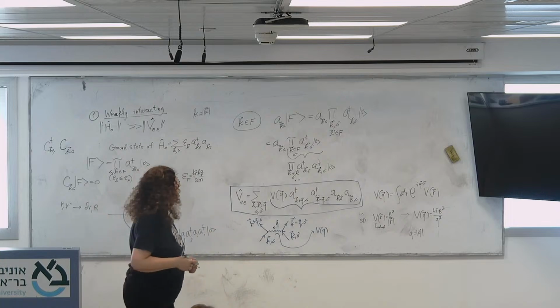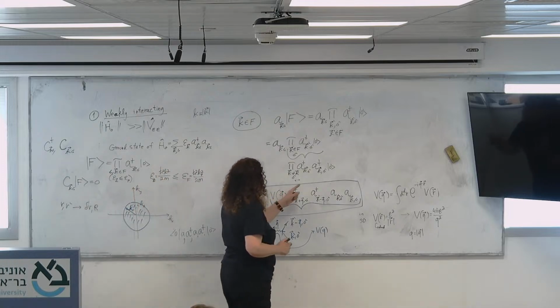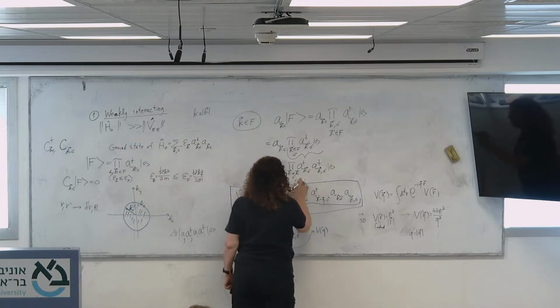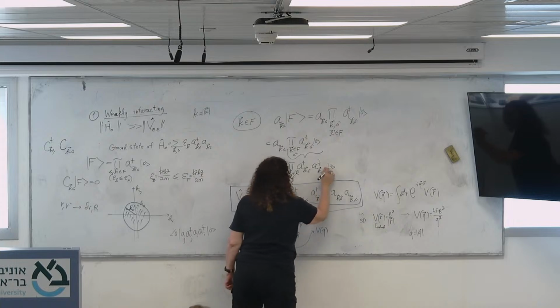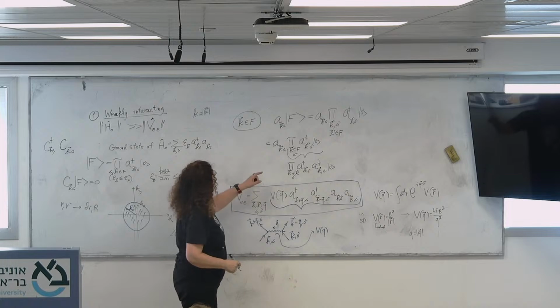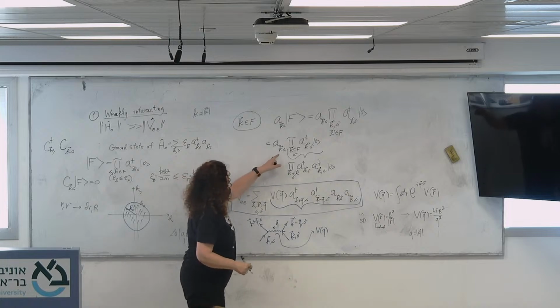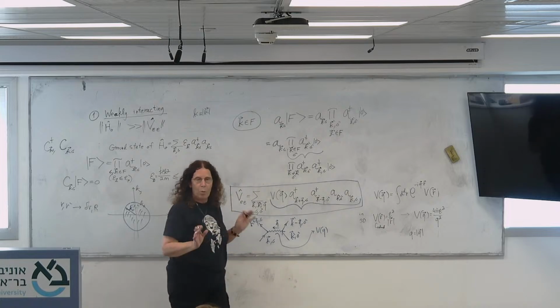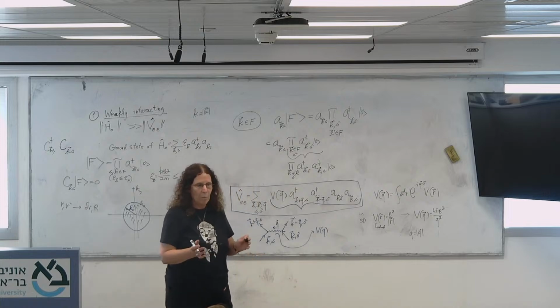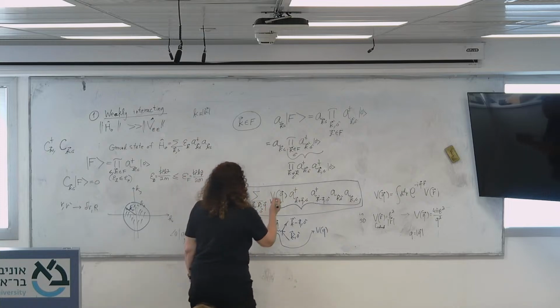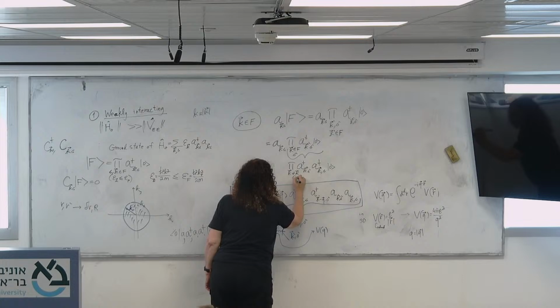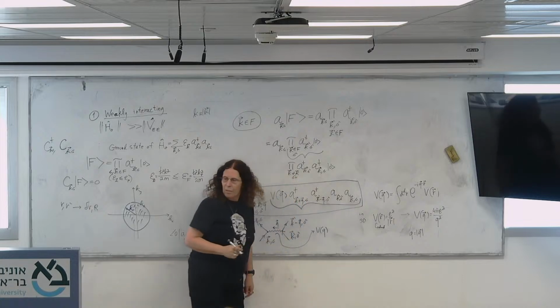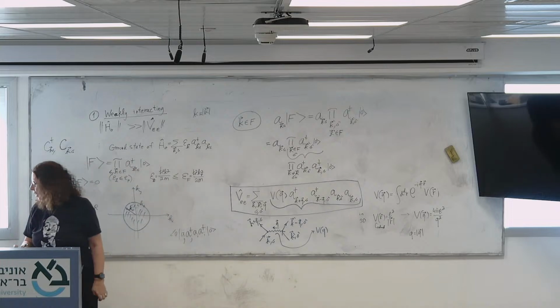Now I know for sure that, actually, let me also put the sigma to be the same, because it has to be exactly the same quantum number, otherwise I'm not interested.